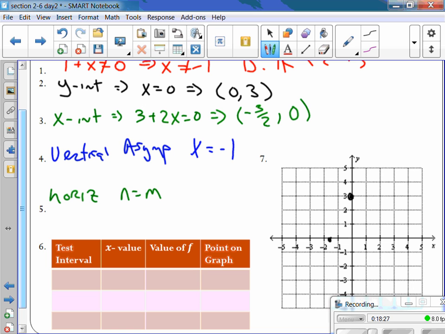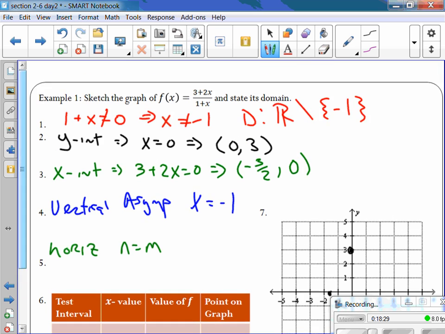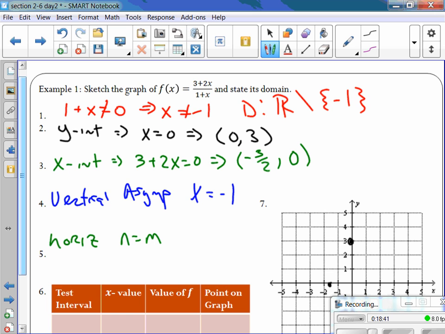So what does it become? y equals 2, because we take a look at the leading coefficients, right? My 2 and my 1. Just y equals 2.